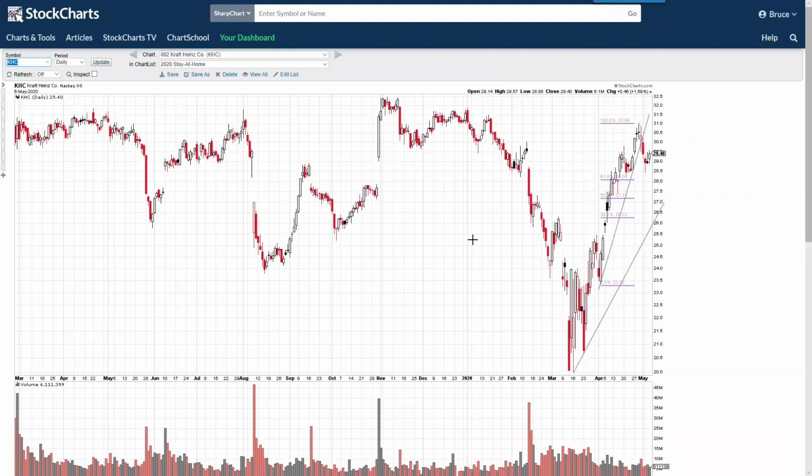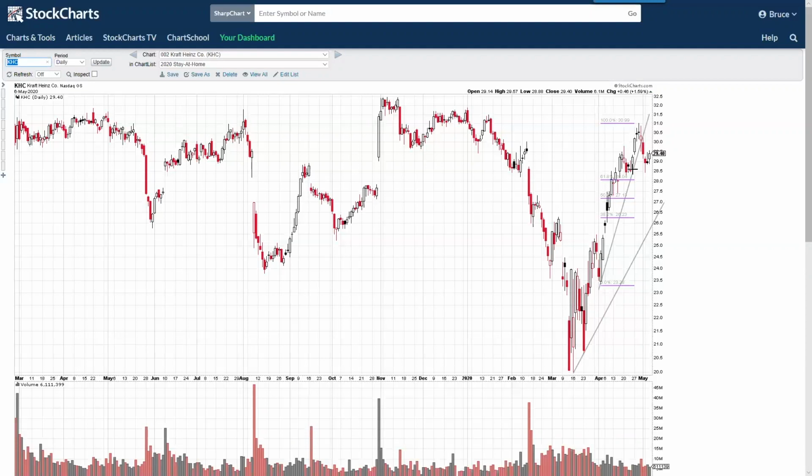Kraft Heinz. So here is a trend analysis, two trend lines that we've drawn. The steeper one is this really nice second phase advance from here upwards. 50% takes us back just above $27. So right now, $29.40 area. So if there is additional weakness back down to this larger trend line, that would put us right at the 50% level.